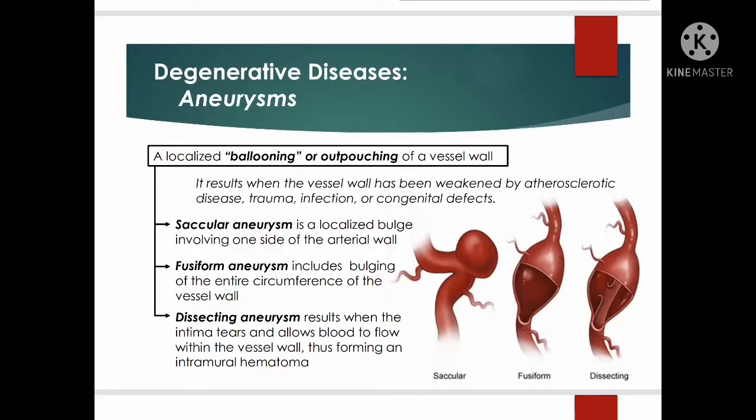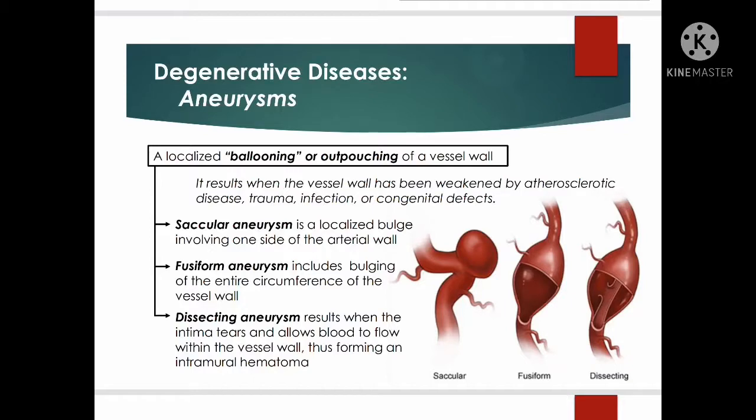Next is aneurysm, a localized ballooning or outpouching of a vessel wall. This results when the vessel wall has been weakened by atherosclerotic disease, trauma, infection, or congenital defects. This has 3 types. First is a saccular aneurysm. It is a localized bulge involving one side of the arterial wall, and it occurs in a cerebral artery.